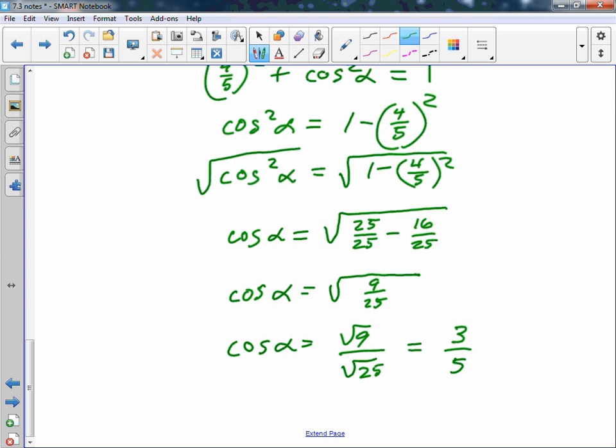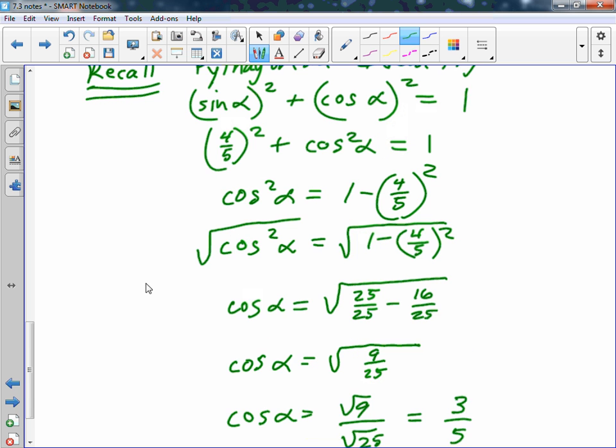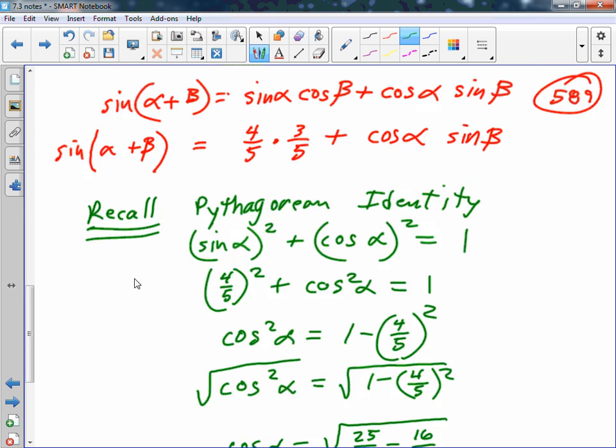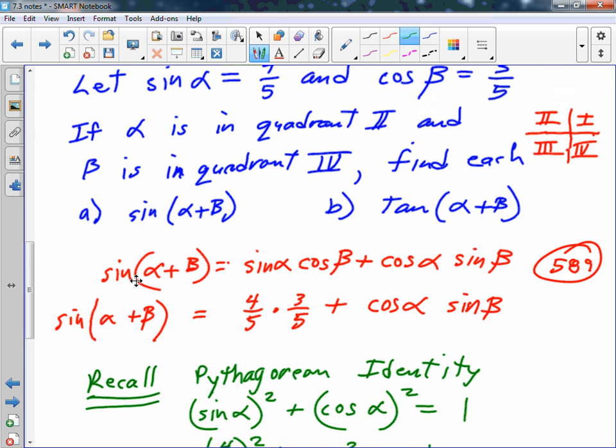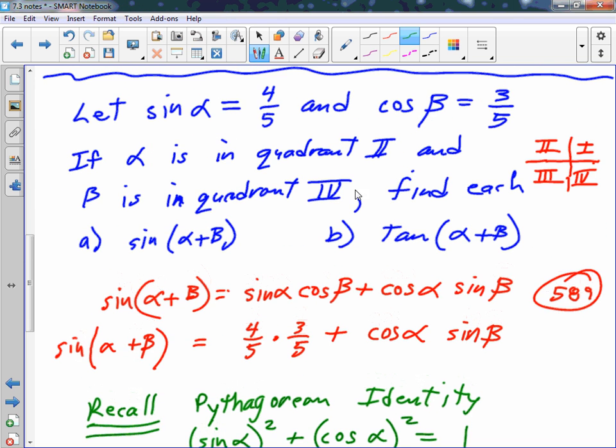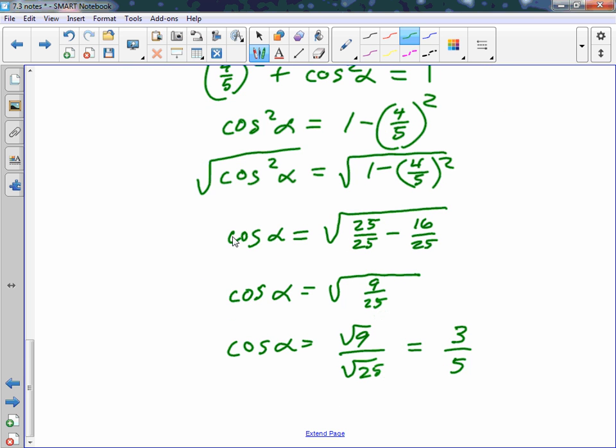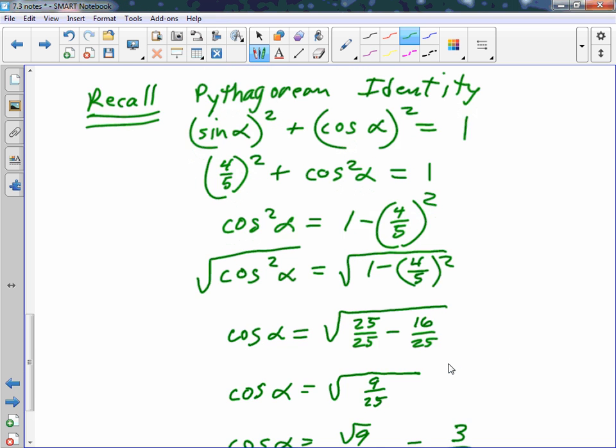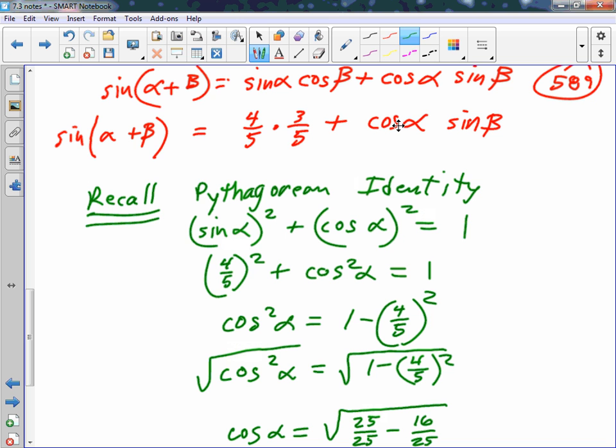Might be negative 3/5 depending on what quadrant it's in. Okay. So that is interesting. Cosine beta and cosine alpha are the same thing. Sounds suspicious to me. But the good news is we can take this value here and plug it in here.